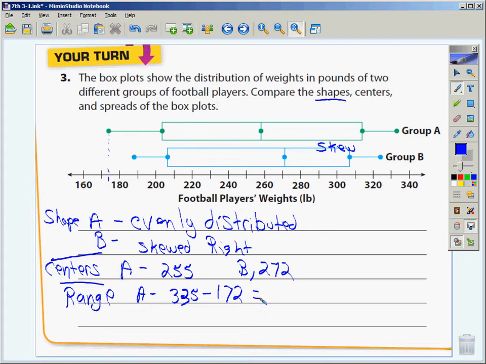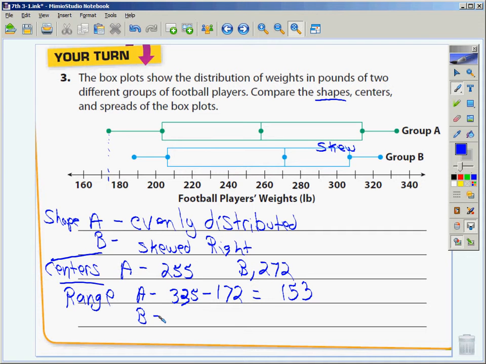What's 325 minus 172? It's 153. Remember, we're doing high minus low.